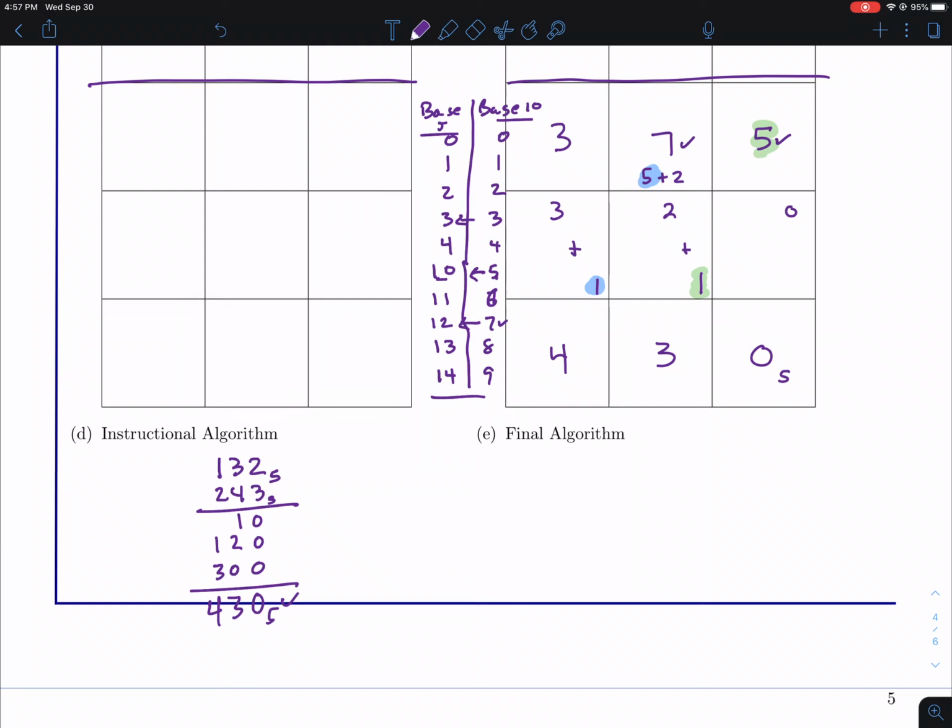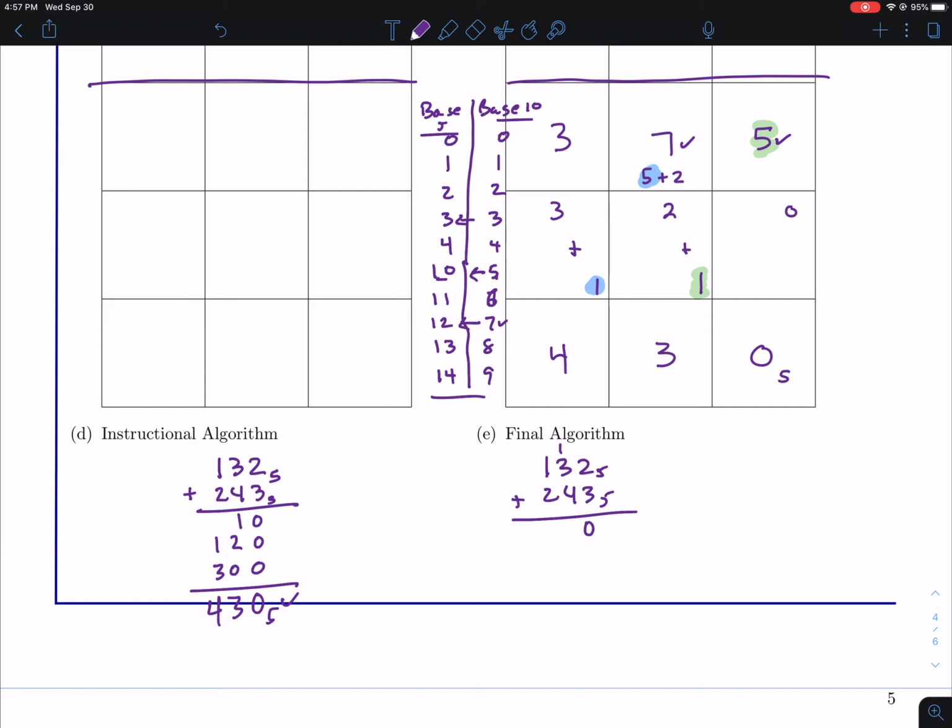The final algorithm, as you can imagine, is going to be just like we did here. I should put additions down here. Except instead of writing the 1, 0, we're going to carry the 1 just like we would in base 10. So 3 plus 2 is 5, but in base 5 that is 10, so that would give me a 0.